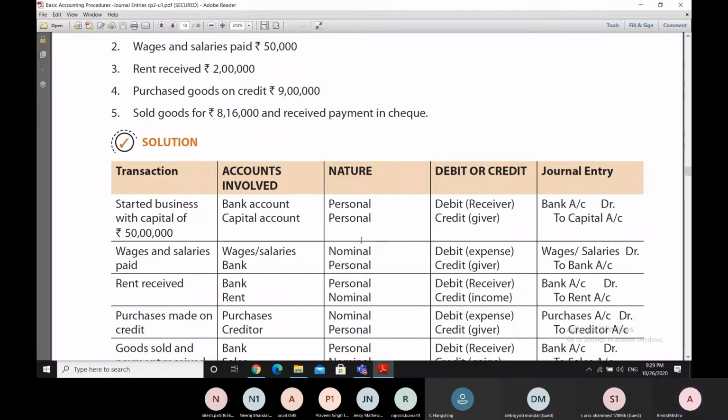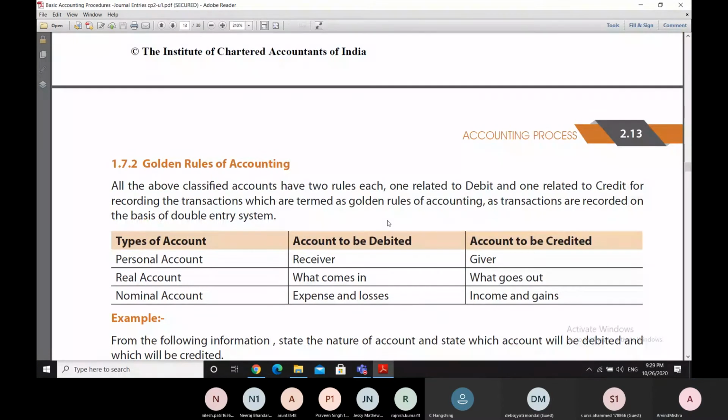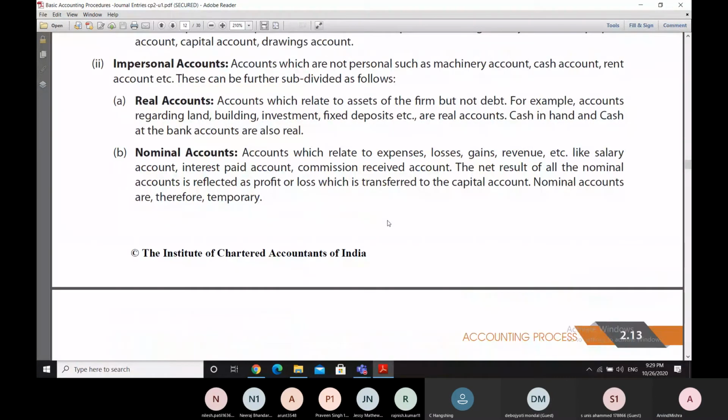Now, the second part is that wages and salary was paid, 50,000 rupees. Now, the wages or the salary account is a nominal account. As we have seen here, impersonal accounts are of two types. One is the real account of the asset and the other is the nominal account.